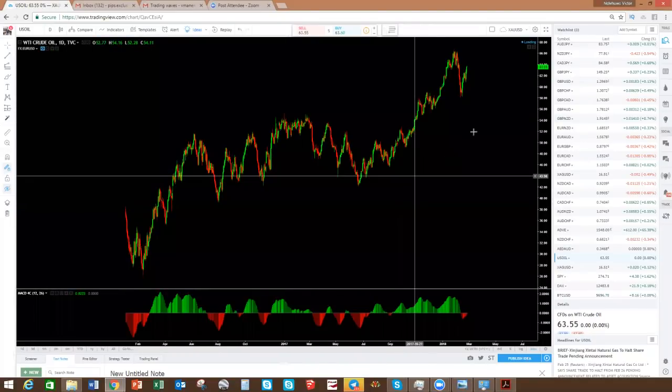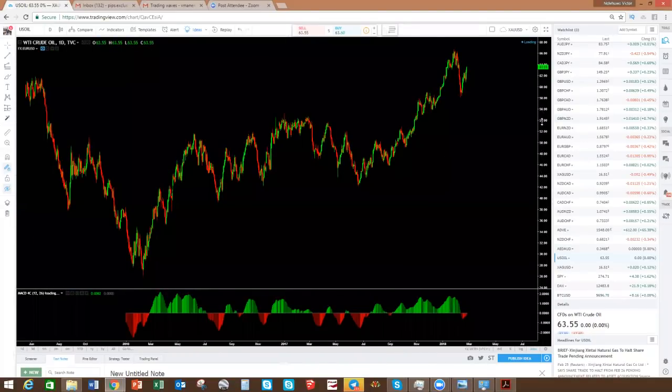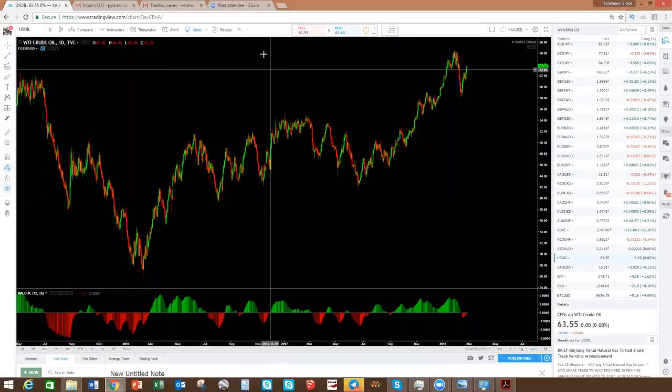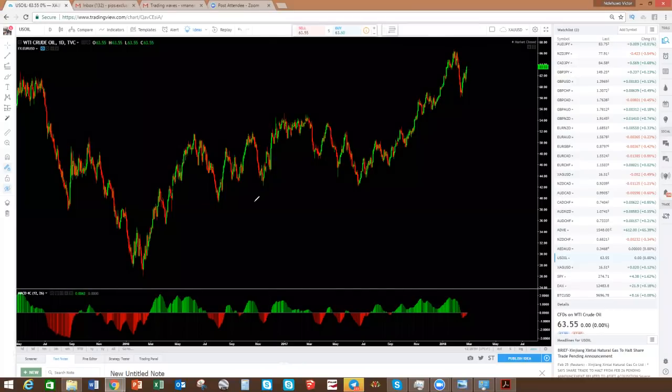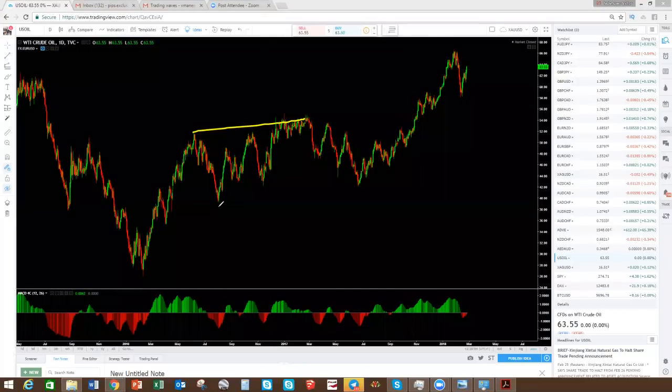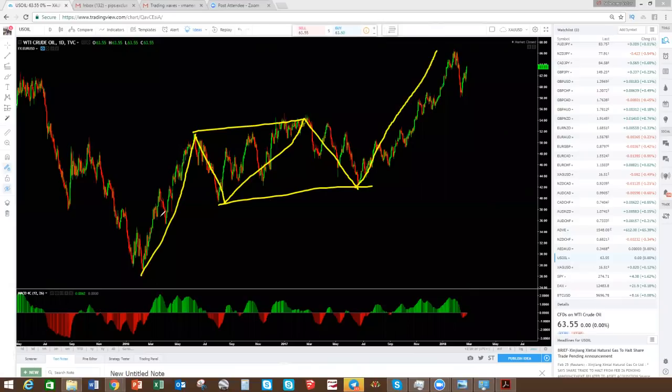So if you remember oil, for the last couple of weeks we've been trading it simply because we made an impulsive move up and it made this 1, 2, 3 straight, cleanly. After that, we're just looking at an impulse, correction, and then impulse, which was to be the same size as this one.